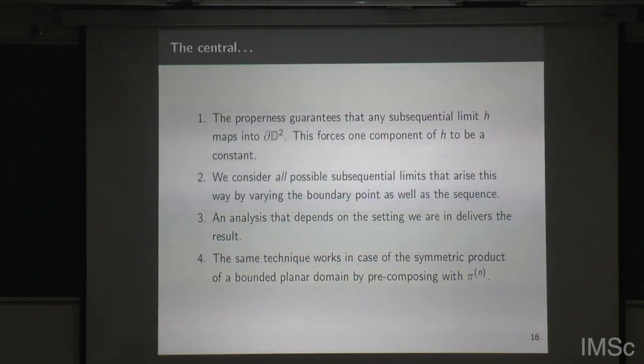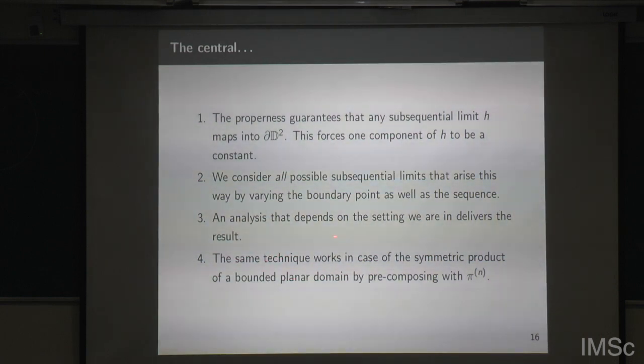Now in general what we do is we consider all possible points on the boundary and look at all possible sequences that converge to the boundary and analyze all possible subsequential limits. This analysis will depend on the setting we are in. Depending on the setting we are in, we will have to set up a particular differential equation and do an analysis, and using that analysis one can conclude that each component of the original function f depends on only one of the factors.